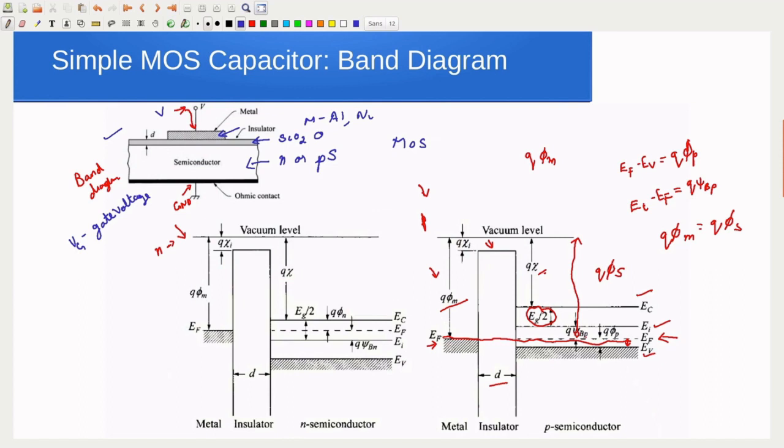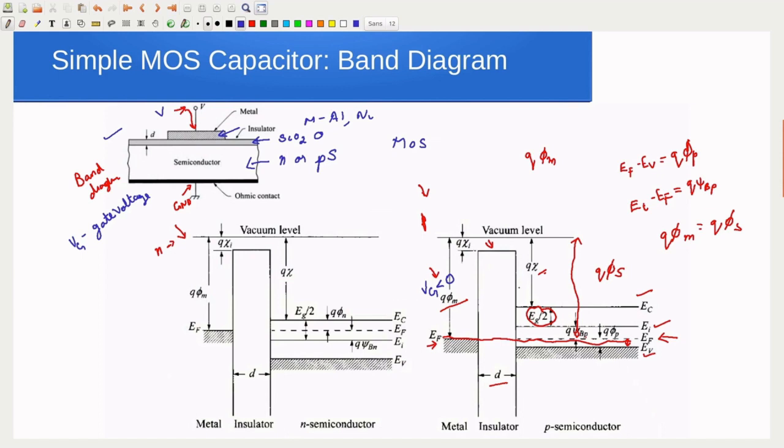Initially, we apply a negative voltage, which means VG is less than 0, at the contacts to the metal.